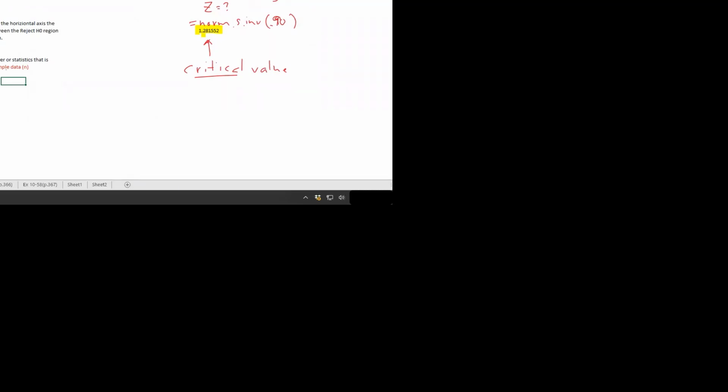But because n is at least 30, it's okay to substitute S in place of sigma.